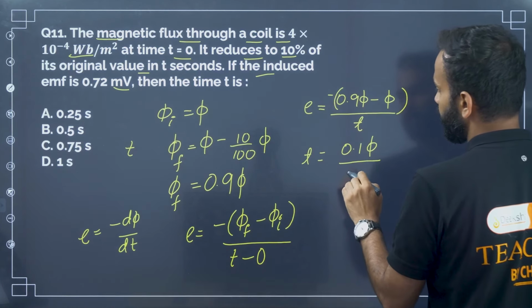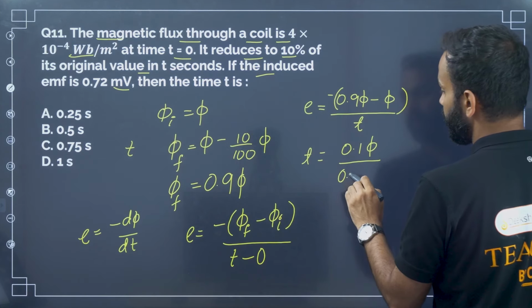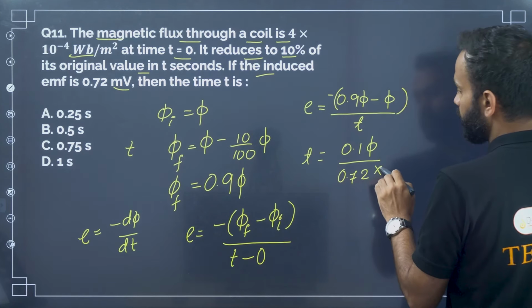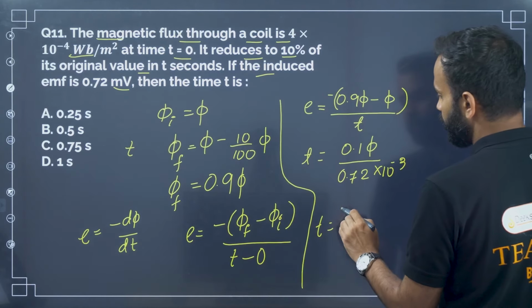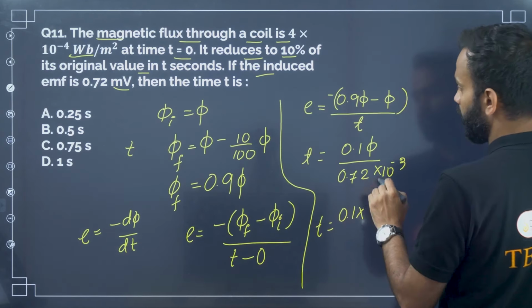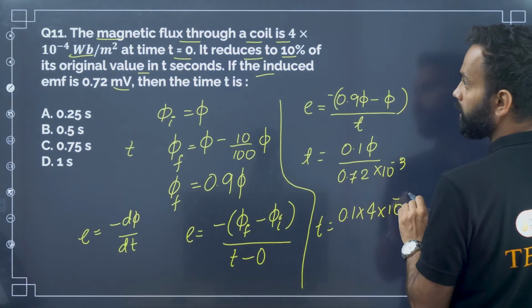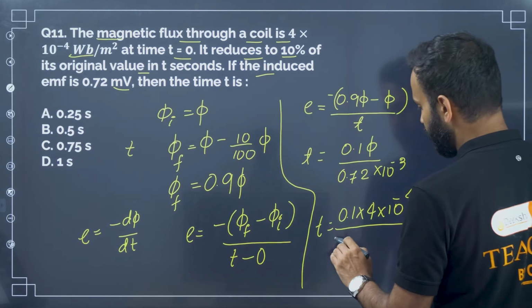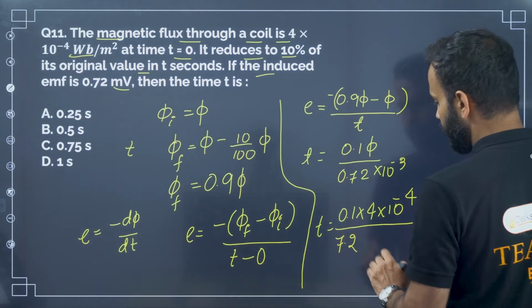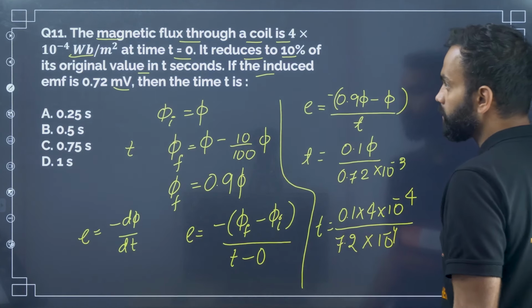0.1 divided by E, that is 0.75, sorry, 0.72 into 10 to the power minus 3. So now T is equal to 0.1 into phi, which is 4 into 10 to the power minus 4, divided by 7.2, right? 7.2 into 10 to the power minus 4.